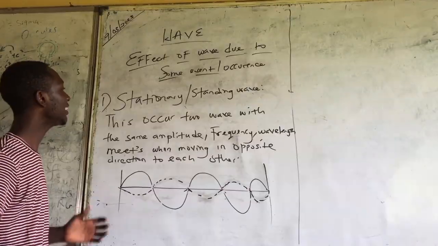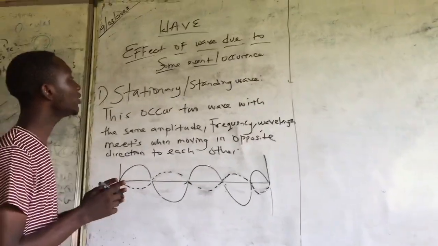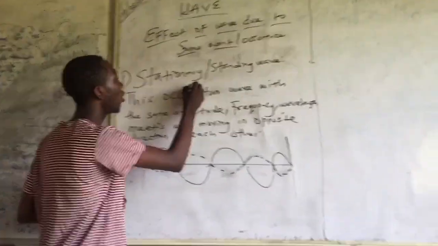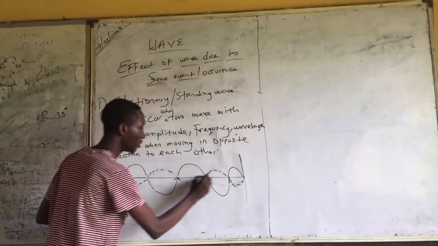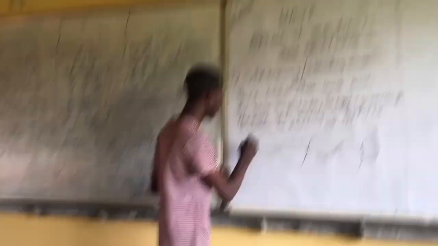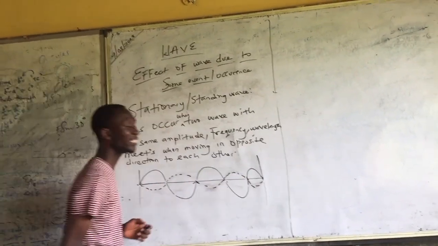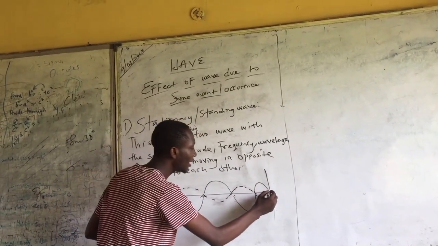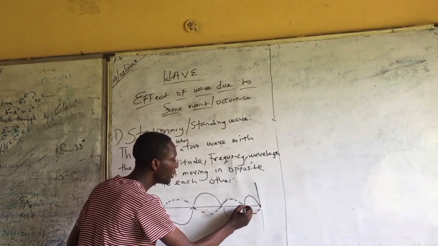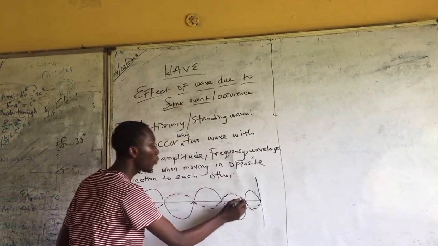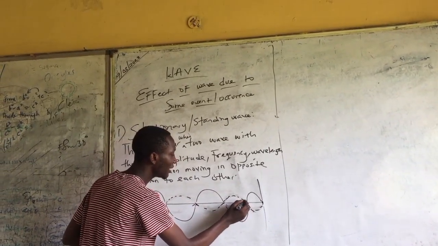So for instance, this occurs when two waves meet. I've said a string. Look at the string, I'm using it as a point of illustration. So now you strike this string, it moves like this. But when it hits this place, it will what? Reflect. And then it moves in opposite direction with the same amplitude, frequency, and wavelength. That's why it's intersecting here.